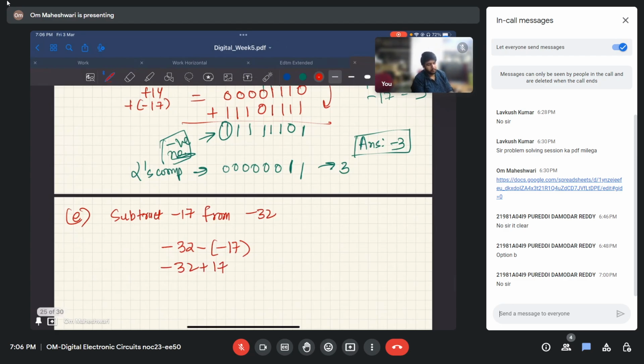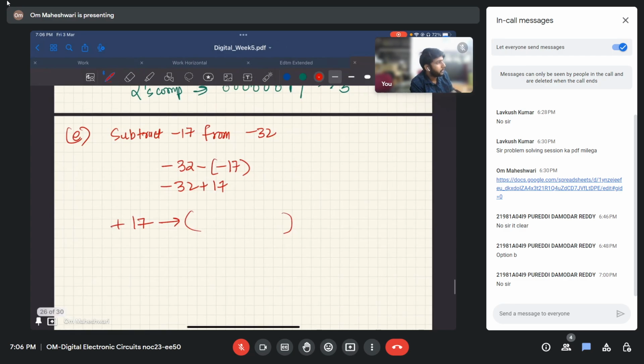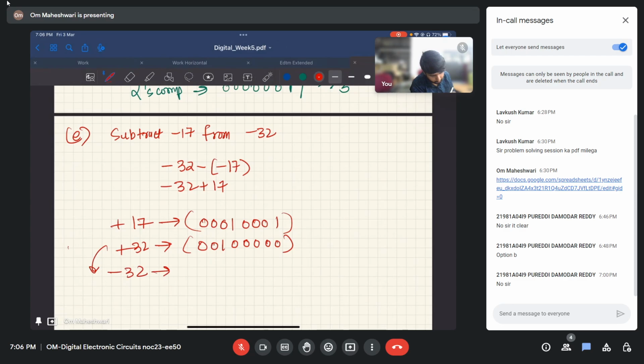So what is 17? We can write it in normal form, it is positive. 17 is 0 0 0 1 0 0 0 1. Plus 32 we write as 0 0 1 0 0 0 0 0, and minus 32 we take its 2's complement.